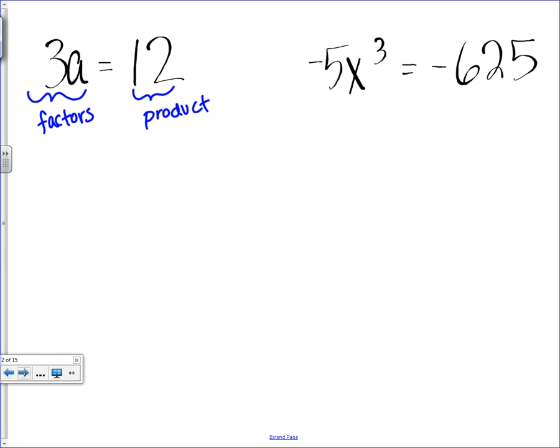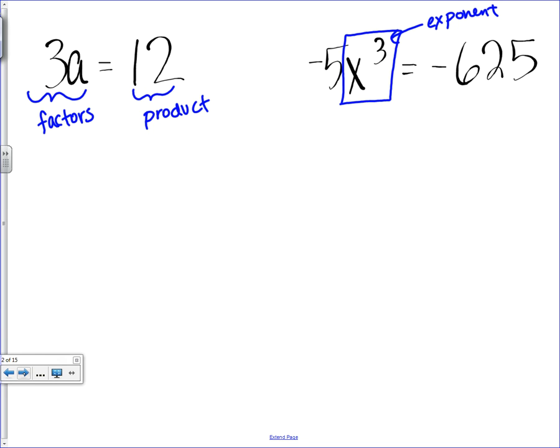All right, over here now. I am going to pay close attention to that portion right there. What is that little 3 up there called? Yep. It's an exponent. What's another word for exponent? Perfect.